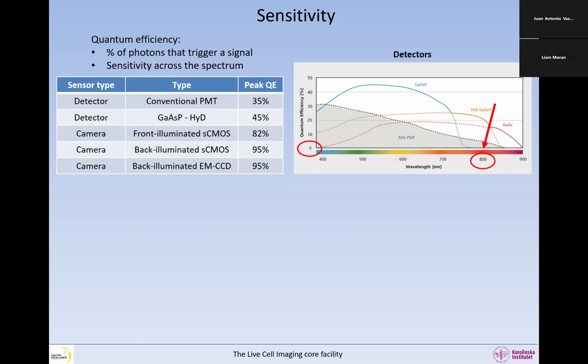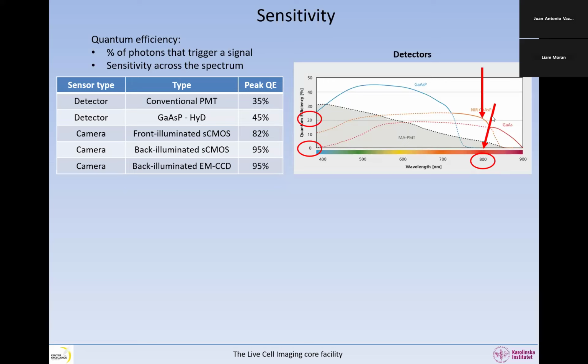But now we're talking about the detector side. On the detector side, I've heard of detectors dying and they stop working, but not going slowly down. Now I'm no expert in that. So what you can see in here is that for this blue GaAsP detector, we have 0% quantum efficiency at 800 nanometers.